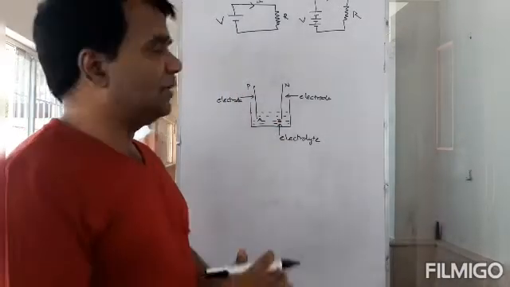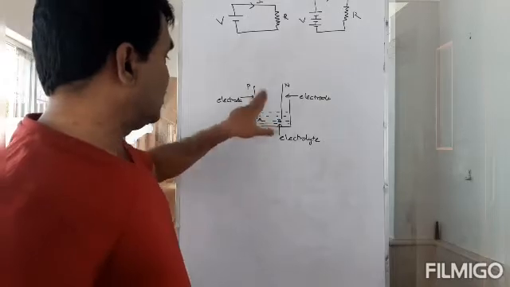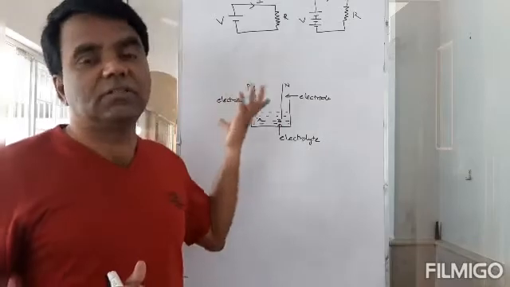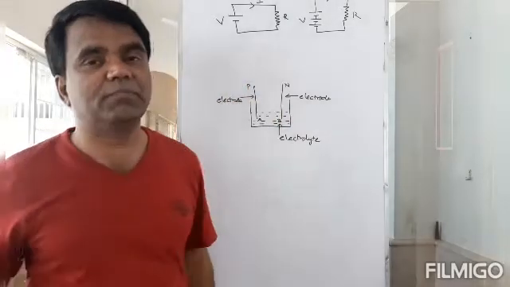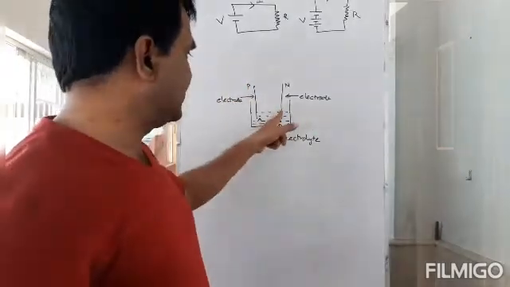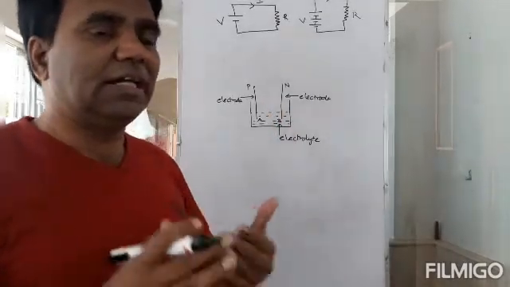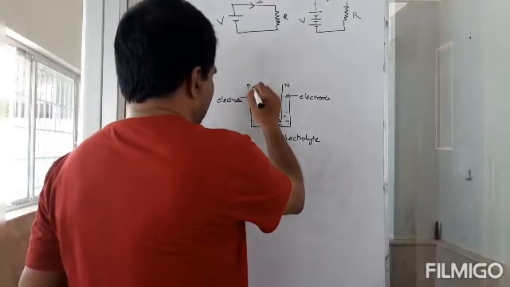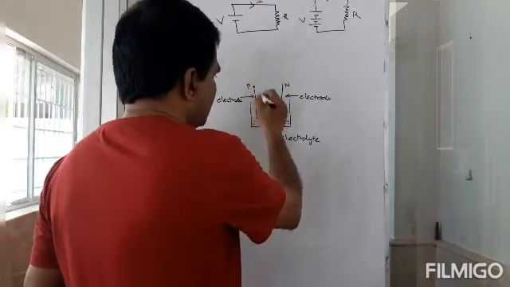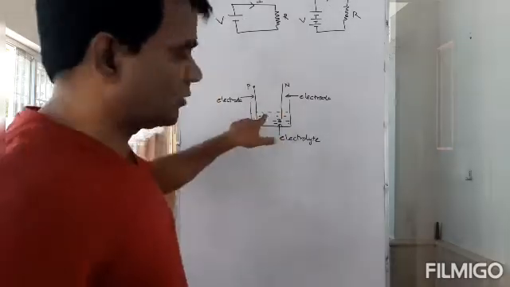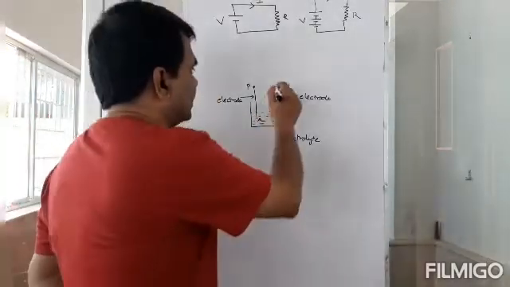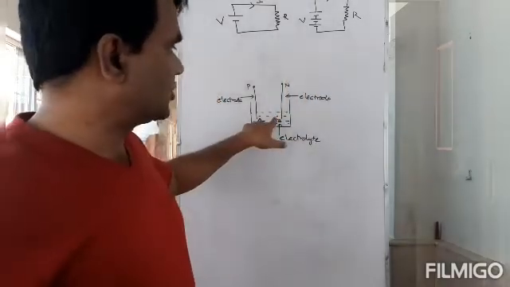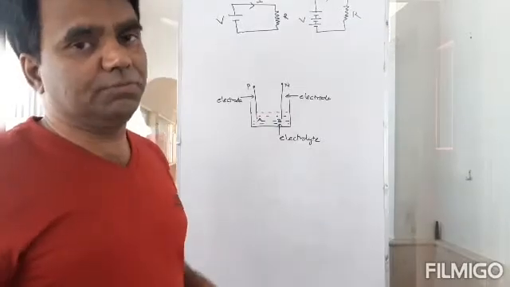If you take this, there would be a chemical reaction taking place within this cell. Actually there is a chemical reaction here and there is also a chemical reaction here. And the result of the chemical reaction is such that the potential of this electrode will be more than the electrolytic solution, and the potential of this is less than the potential of the electrolytic solution.